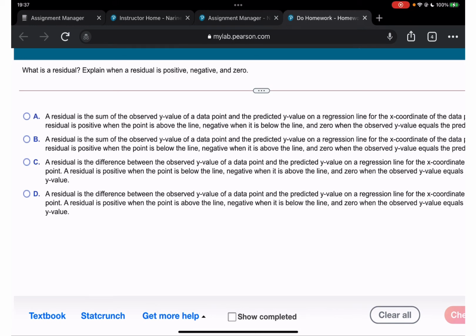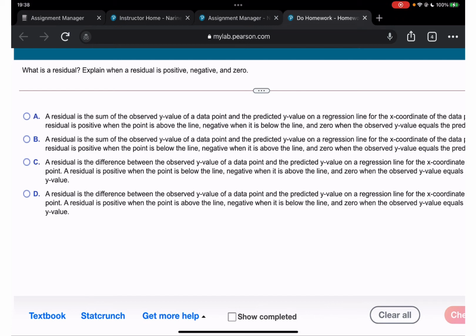So, a residual is the difference between the observed y value of a data point and the predicted y value on a regression line for the x coordinate of the data point.